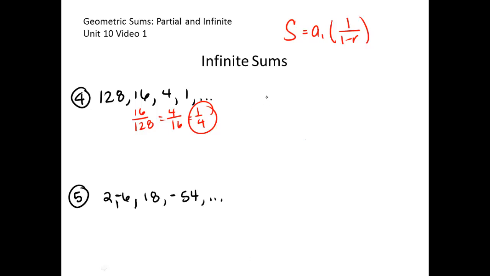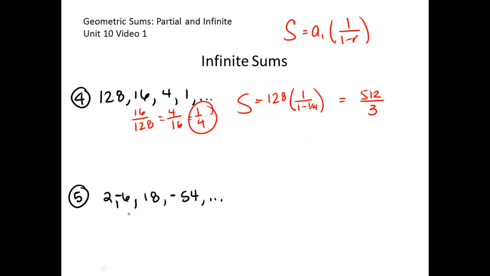So I'm going to start with 128, 1 over 1 minus 1/4. I'm going to do the fraction part first, 1 divided by parentheses 1 minus 1/4, and then multiply that times 128. Turn it into a fraction, and I should have 512 over 3.